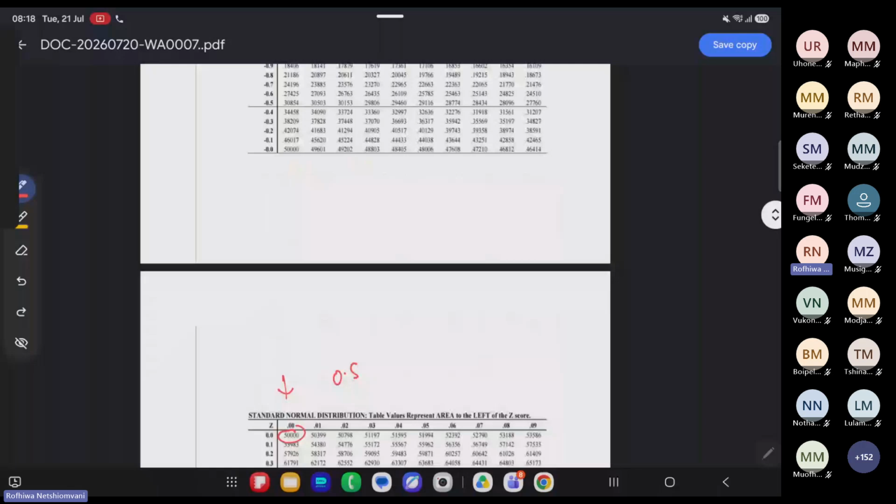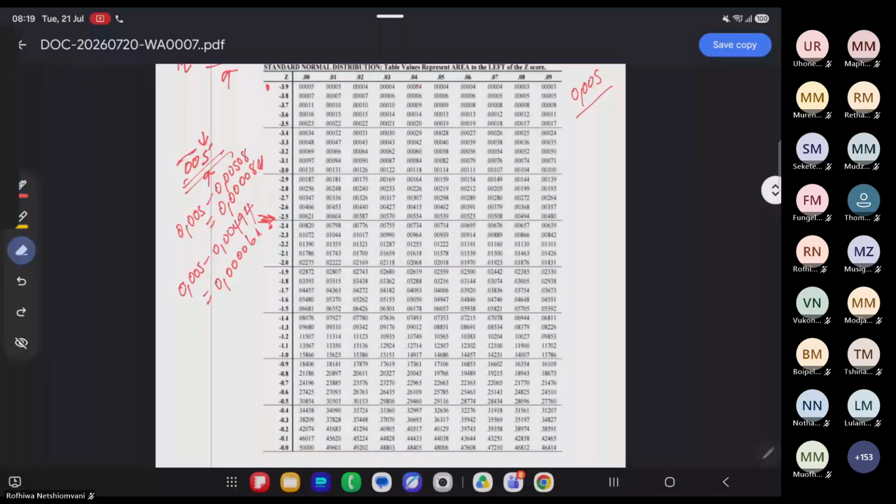Now, inside, I want all the rows where we have at least 2 zeros after the decimal point. The lady said from 3.9 down to 2.4, let's just include 2.3, up until 2.3. Those are the only rows where after the decimal point we have 2 zeros.